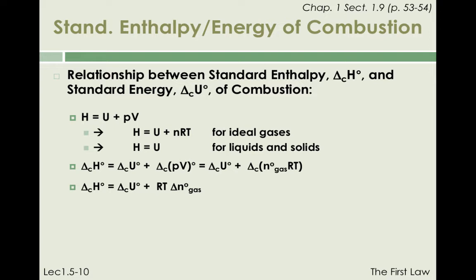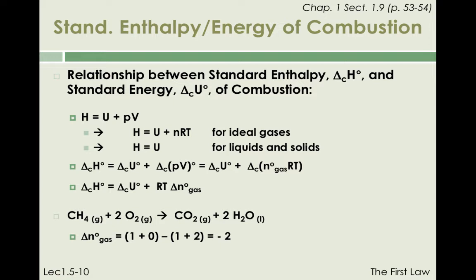Let us apply this result to the combustion of methane at 25 degrees Celsius, for which the reaction equation is given by 1 mole of methane gas plus 2 moles of molecular oxygen gas gives 1 mole of carbon dioxide gas plus 2 moles of water liquid.